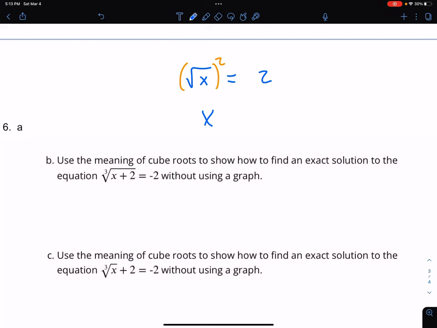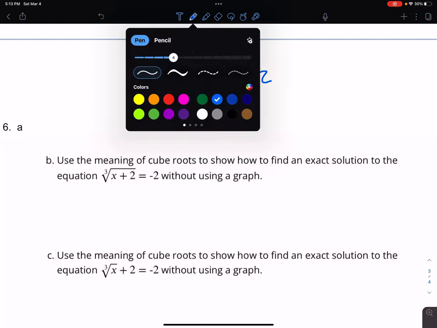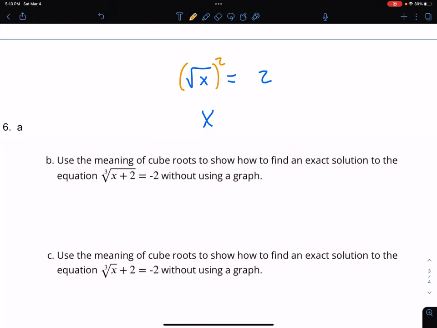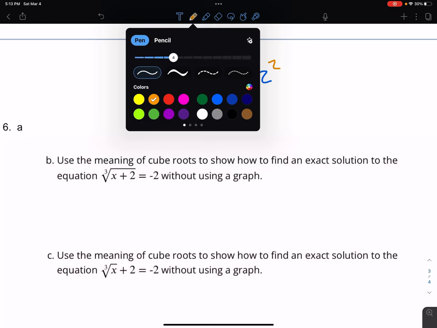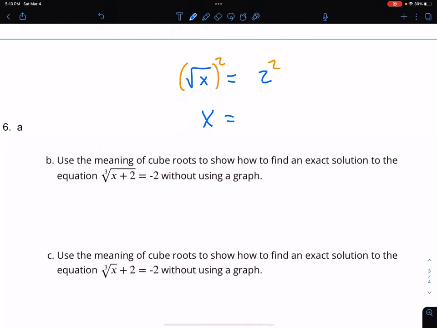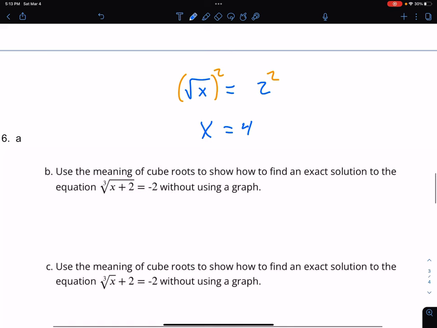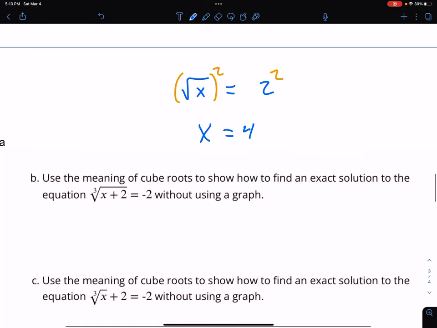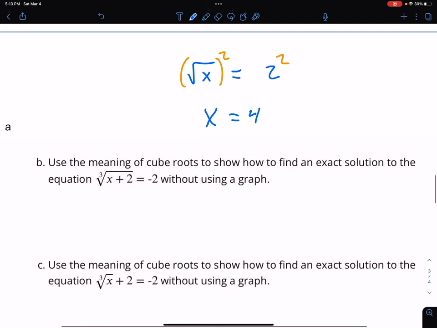That'd be our inverse operation to cancel out the square root. But if we do something to one side, we always got to do it to the other. So I'd have to square 2 as well, on the other side of my equal sign, and you'd get 4. And it'd just be one solution, because as mathematicians, we assume that's just the positive square root of x.